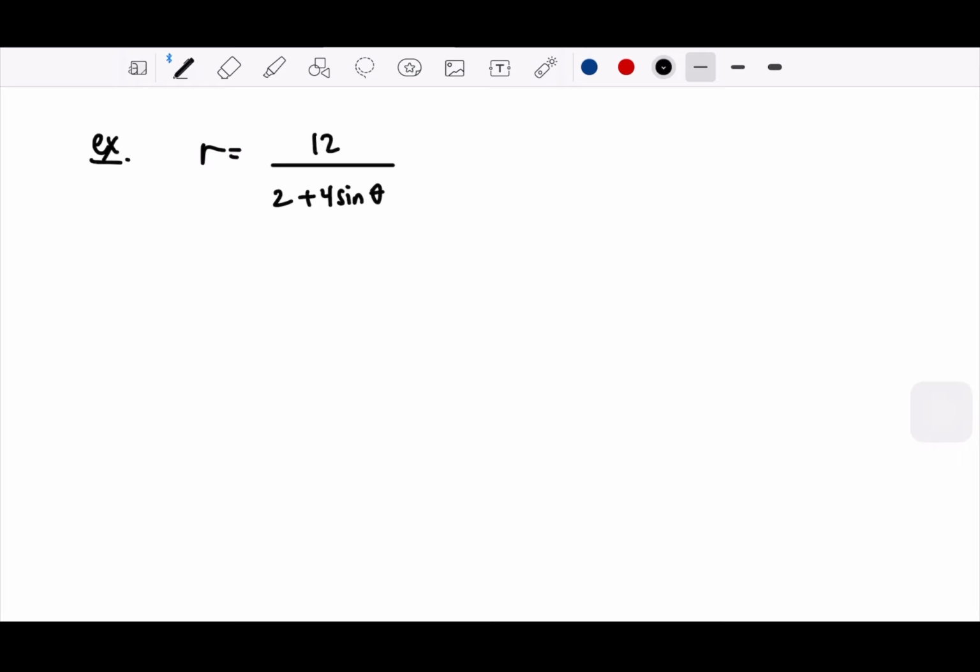And notice that in a hyperbola, you will have the asymptote, right? How to get the asymptote? First, remember the definition of the asymptote.